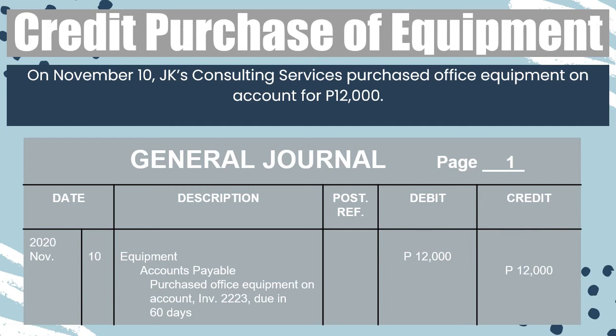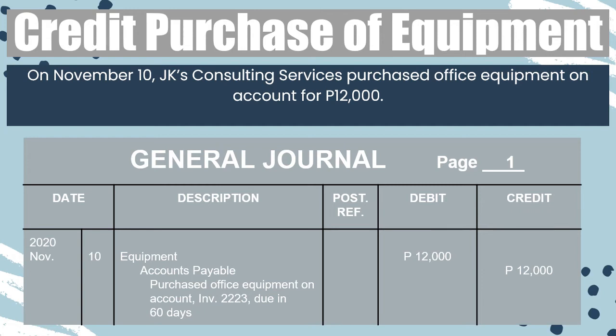So, ang normal balance ng liabilities? Ang normal balance ng liabilities ay credit. So, pag nag-increase ang liabilities, ang normal balance nito ay credit. So, kaya ang accounts payable natin dito ay nag-increase, kaya siya ay nasa credit side.